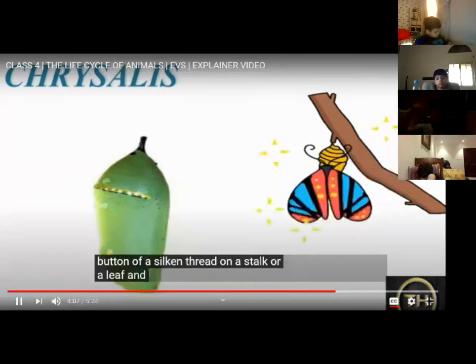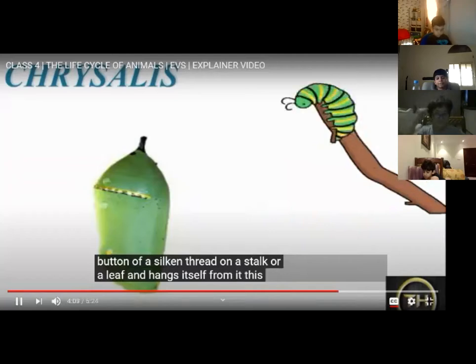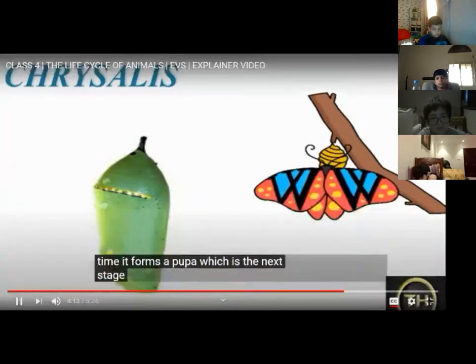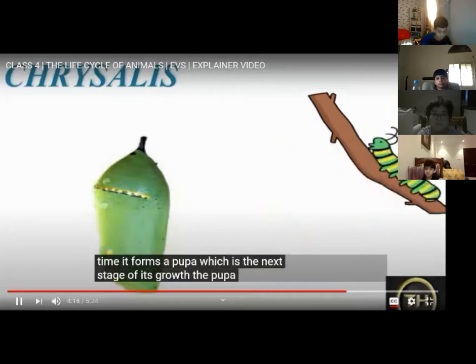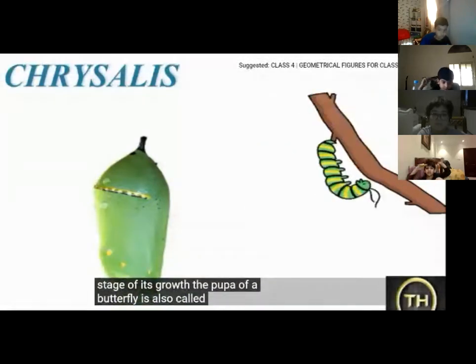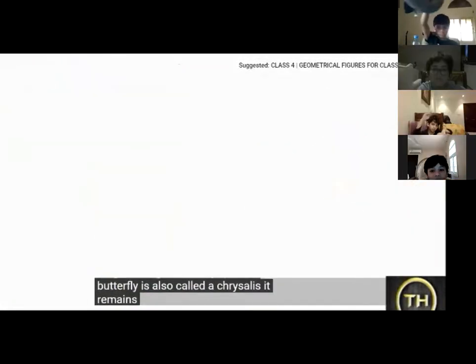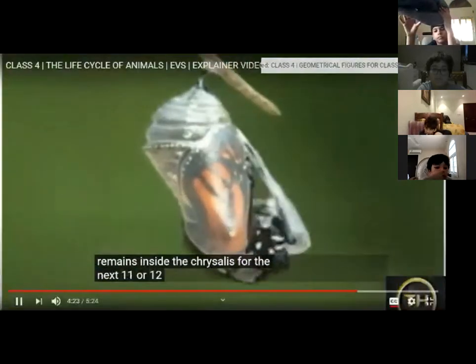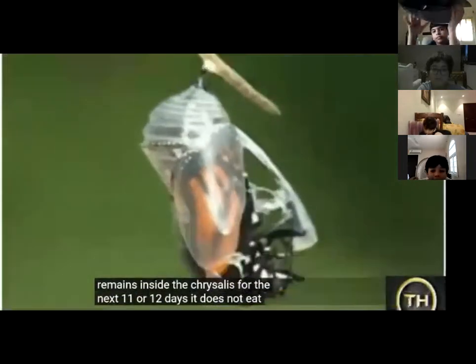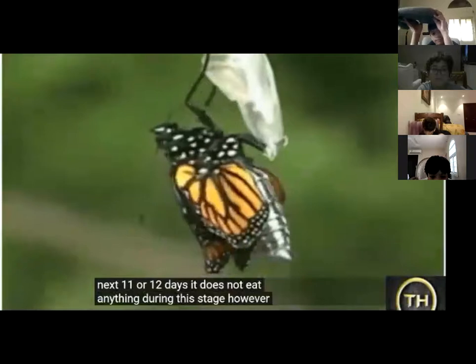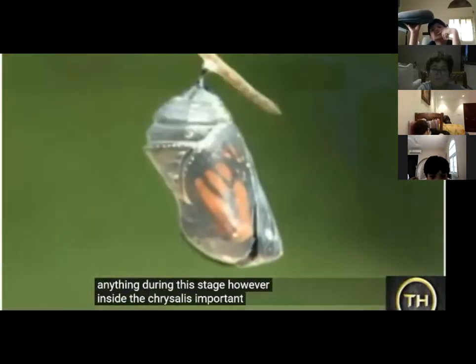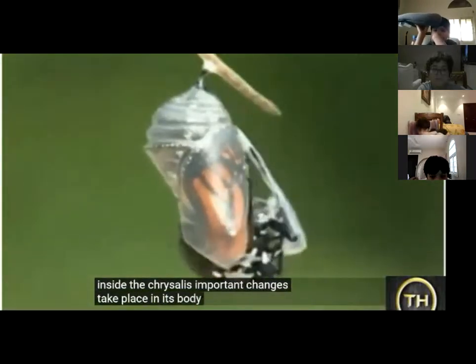Stalk or a leaf, and hangs itself from it. This time it forms a pupa, which is the next stage of its growth. The pupa of a butterfly is also called a chrysalis. It remains inside the chrysalis for the next 11 or 12 days. It does not eat anything during this stage. However, inside the chrysalis, important changes take place in its body.